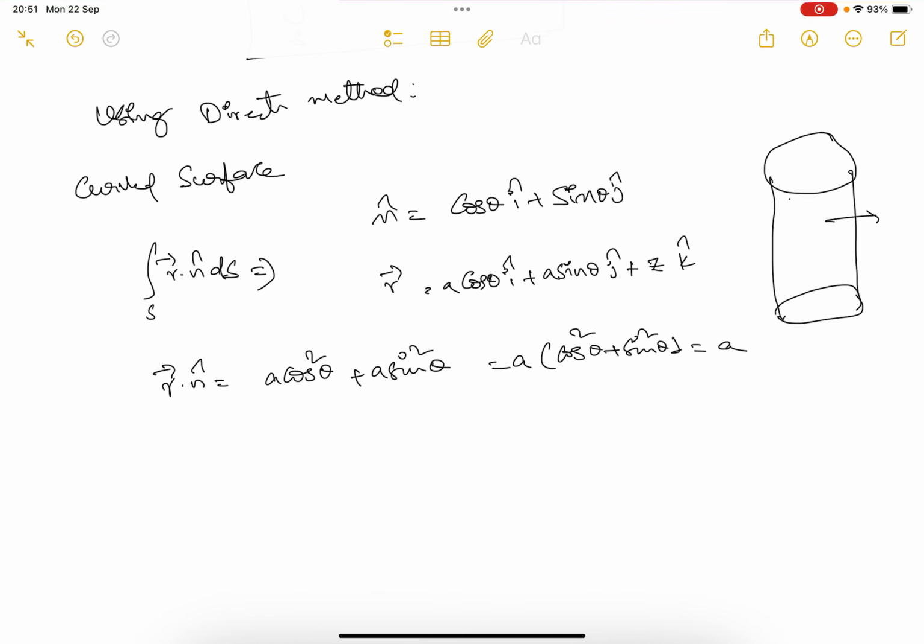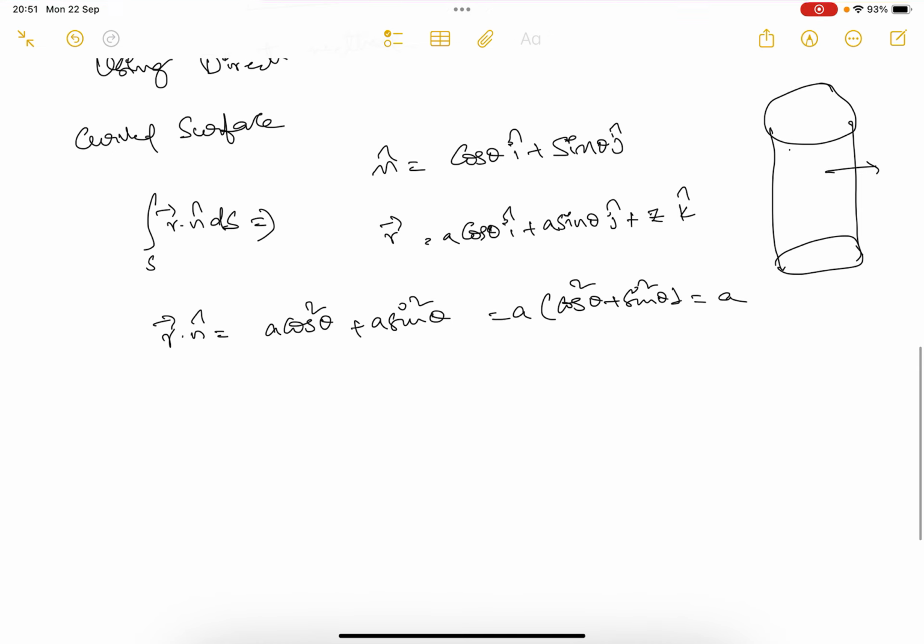So now, instead of writing double integrals, just write a surface integral here. It's more than enough. The integral of r bar dot n cap ds: r bar dot n cap is a, which we can keep outside, and we need to calculate the surface integral ds.